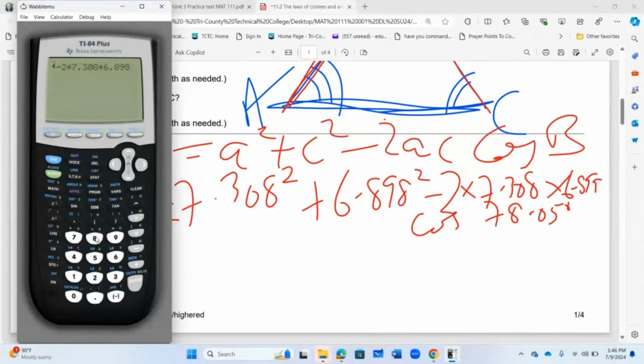All right, then multiply cosine of 78.05. Don't forget to check the mode. Make sure that the mode is in degree.